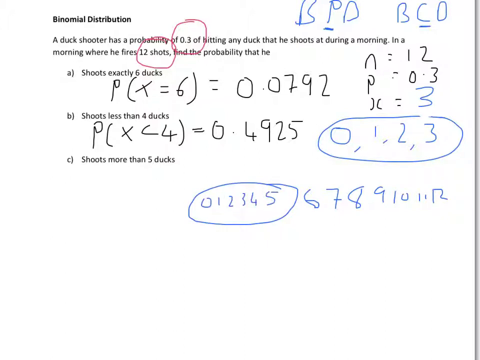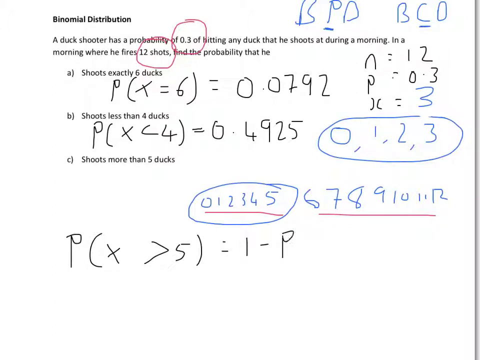Okay, we want this, but the calculator won't give us that, so we have to do 1 minus this. So the probability that x is greater than 5 is 1 minus the probability that x is less than or equal to 5.